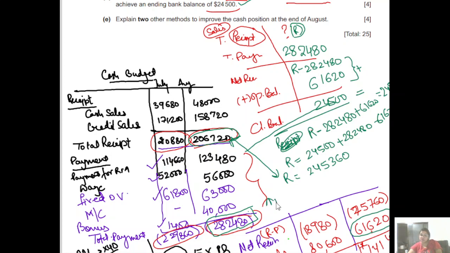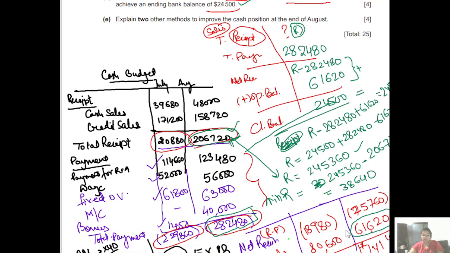The increase in receipts is 245,360 minus 206,720, so the increase in receipts is 38,640.